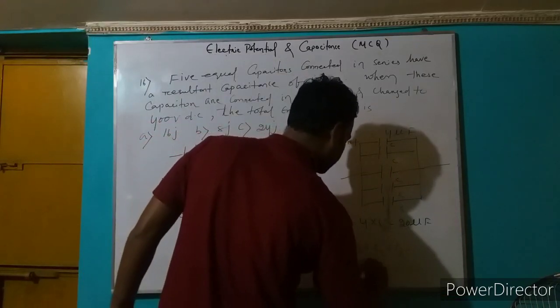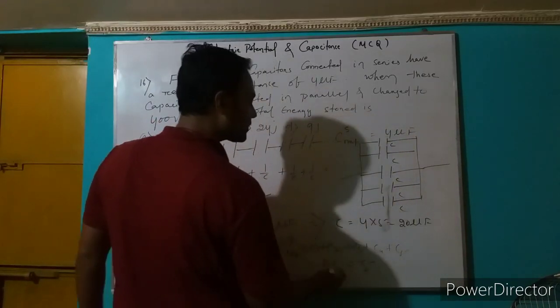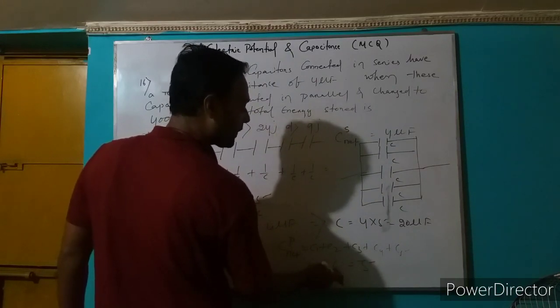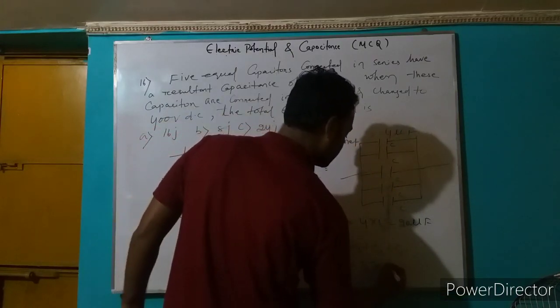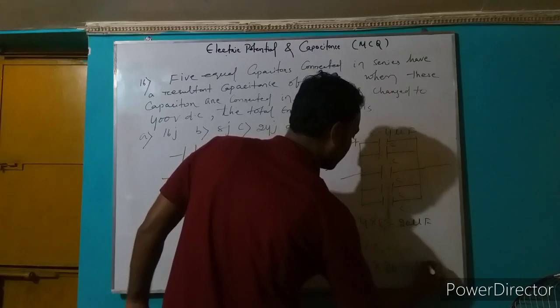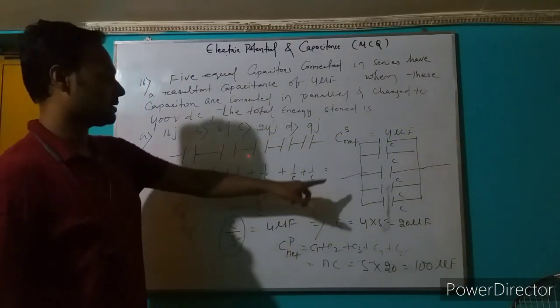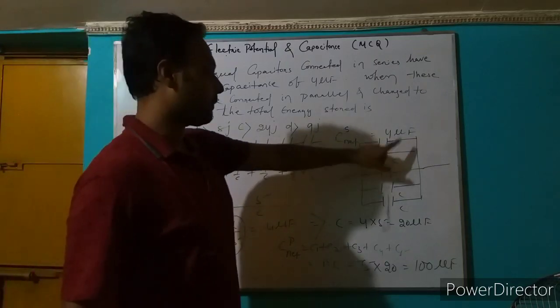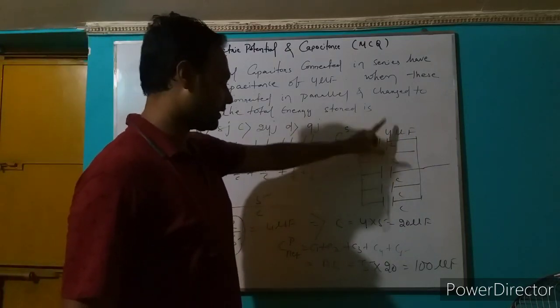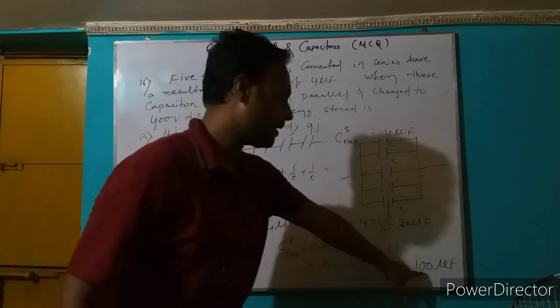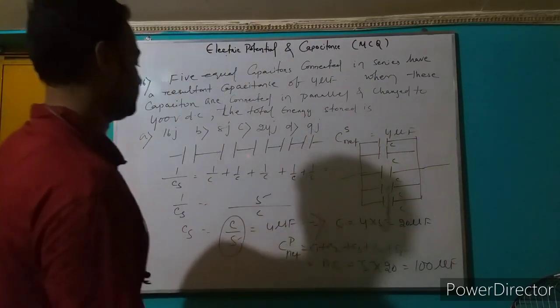That is 5 into 20, which is 100 microfarad. So the net capacitance when the 5 capacitors are connected in parallel is 100 microfarad.